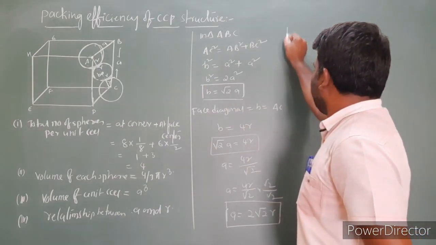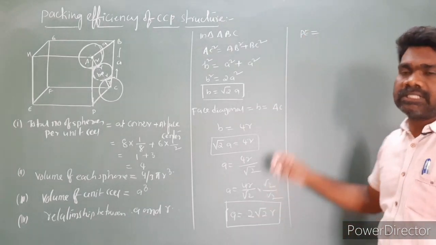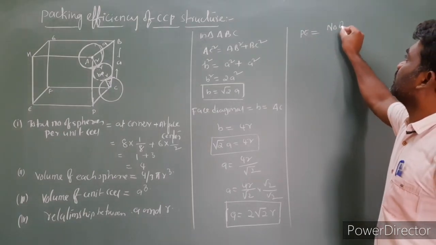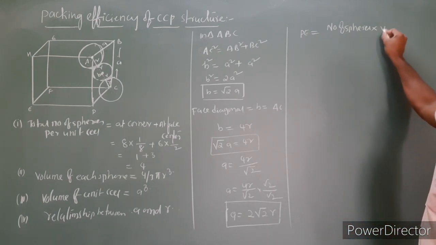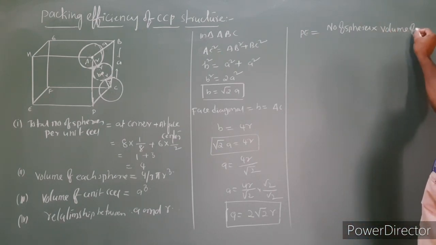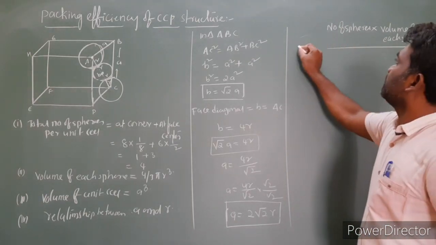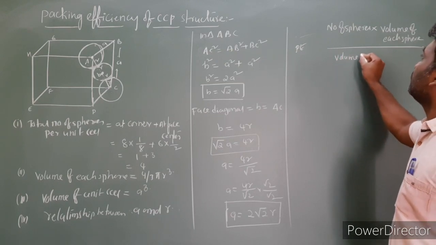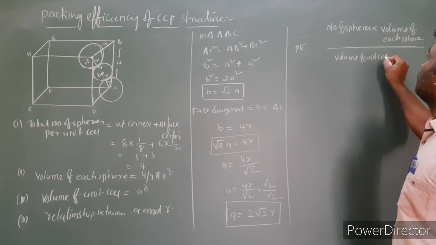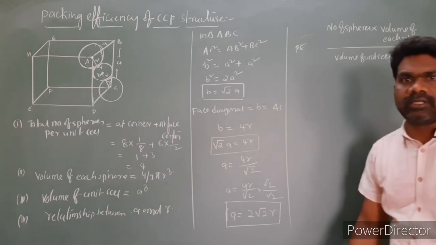We know very well the packing efficiency formula. Packing efficiency P is equal to number of spheres into volume of each sphere, divided by volume of unit cell, into 100.